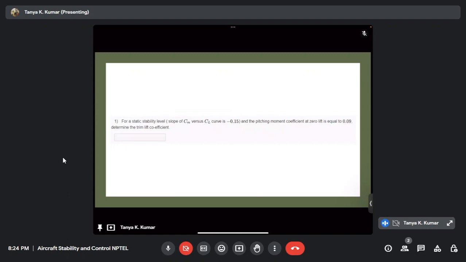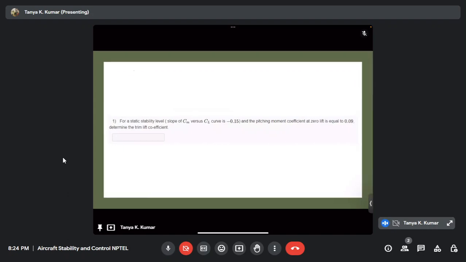They've given you Cm versus Cl, right? You have dCm by dCl equal to minus 0.15, correct? And they've given you the pitching moment coefficient at 0 lift, so Cm at 0 lift is 0.09. They've asked you to find Cl trim.